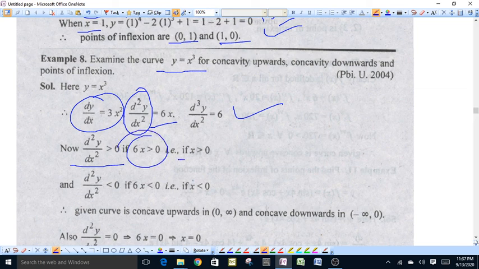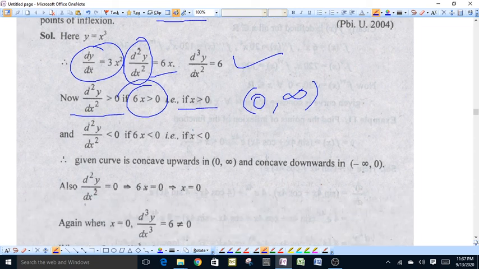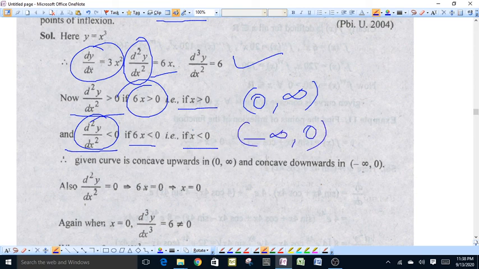This will be possible if x is positive. This means for 0 to infinity, this curve will be concave upward. For concave downward, second order derivative must be negative, that is 6x is negative, means x is negative, that is for minus infinity to 0 this curve will be concave downward.